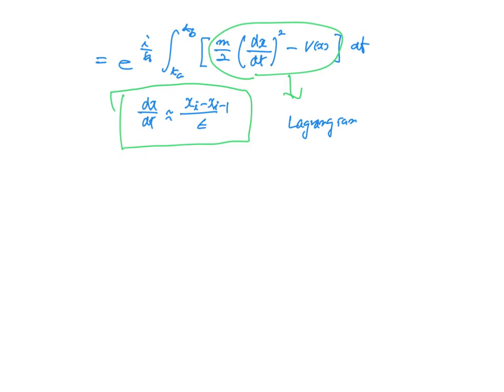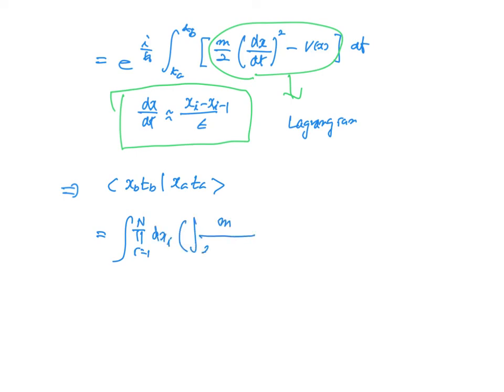Then this probability amplitude can be written as the following formula: m over 2 pi i epsilon h bar to the n plus 1, exponential i over h bar integral from ta to tb of the Lagrangian dt.